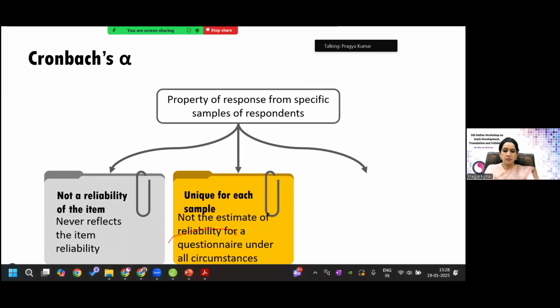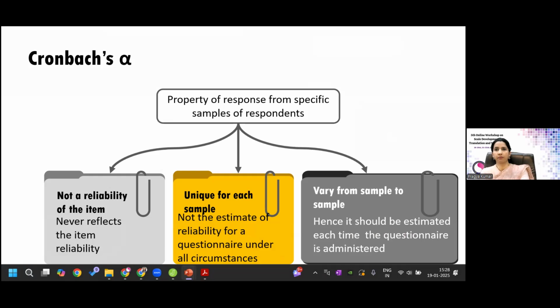Please remember this. When the circumstances change, when the participants change, their background, their cultural context, their regional context changes, then reliability will change. It varies from sample to sample. Therefore, it should be estimated each time the questionnaire is administered. Remember, it should be estimated each time the questionnaire is administered.